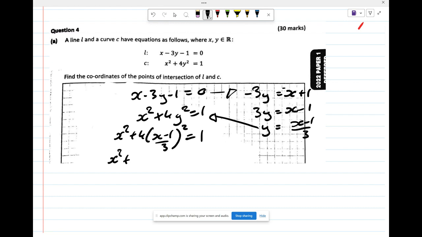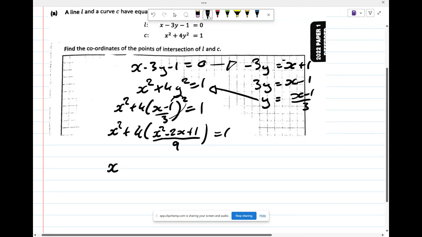X squared plus 4 times x squared minus 2x plus 1 all over 9. So what we're doing here is we can square the top and square the bottom. So that's this squared over 3 squared. And then that's all equal to 1.